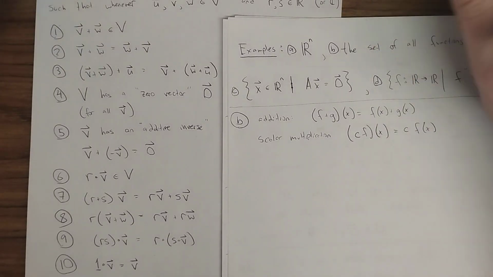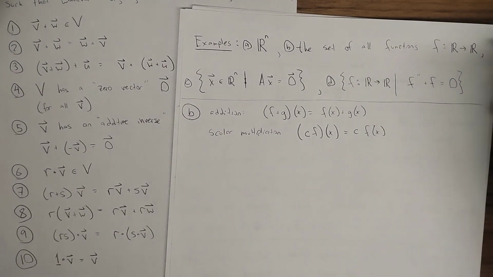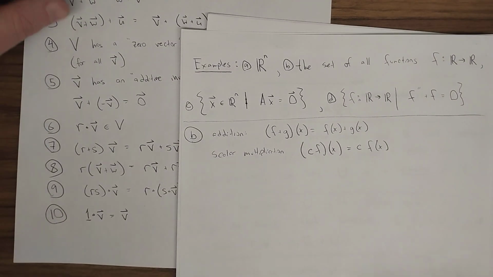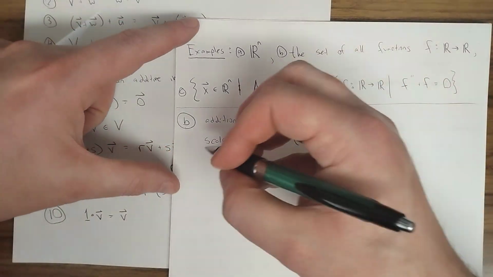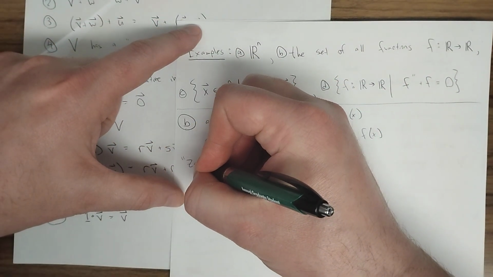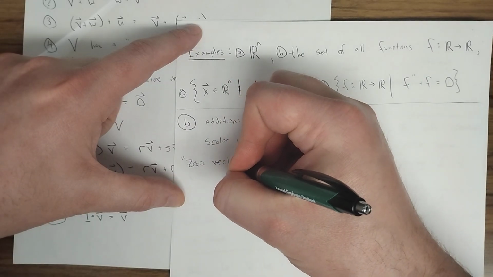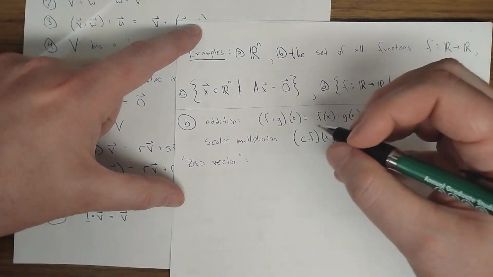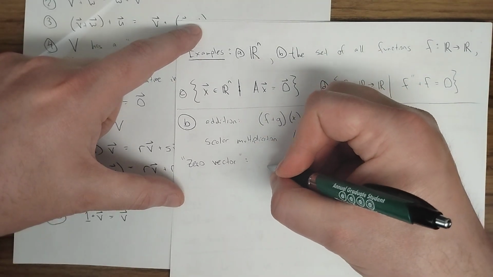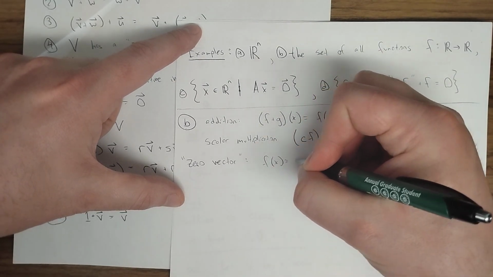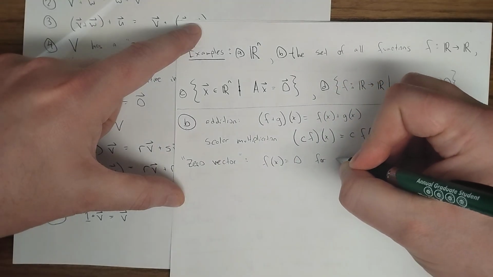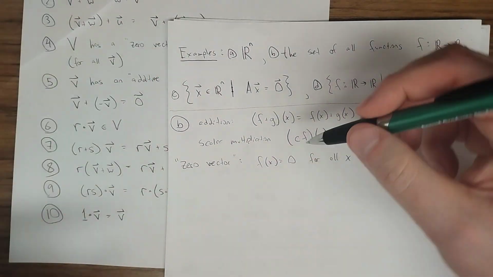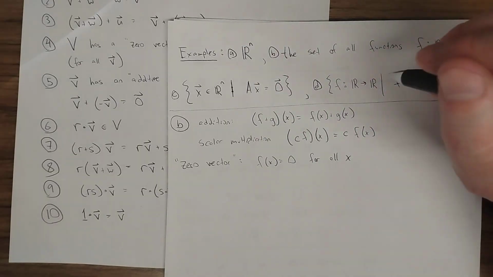By the way, in this vector space consisting of all functions from the reals to the reals, what is the 0 vector? The 0 vector is the function that just gives you 0 no matter what you plug in.